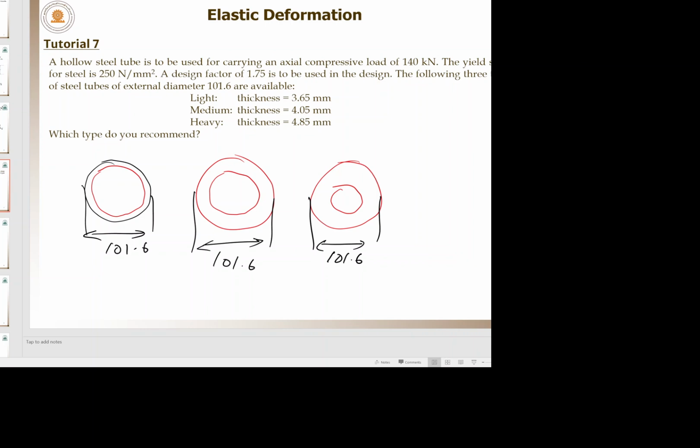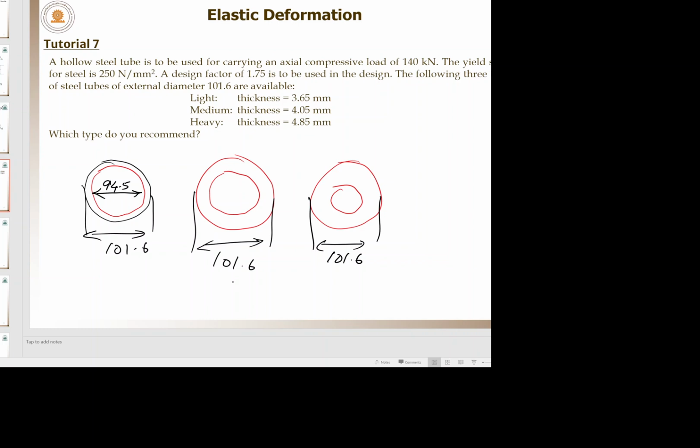In the first case, the thickness is 3.65, correct? So subtract 101.6 minus twice 3.65. Then what will we have as the inside diameter? 94.5.